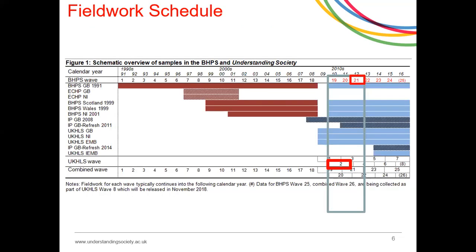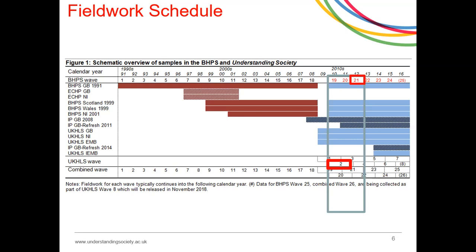So this is a long schema of the dataset. As you can see, the red rectangles are where we collected biomarker data. So we collected it in wave 2 from the UK household, from the general population sample of Understanding Society. So we had 1 wave from that set of participants before we collected the biomarker data.